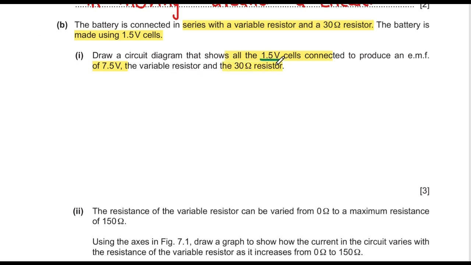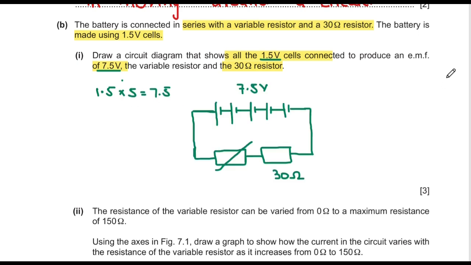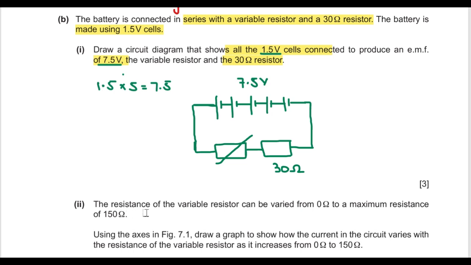So we have 1.5 volt cells and we need a voltage of 7.5 volt. How many cells can we combine to reach 7.5? 5 cells would be needed. So the circuit would look like this: a 30 ohm resistor and a variable resistor connected in series to it. The second part says the resistance of the variable resistor can be varied from 0 ohm to a maximum value of 150 ohm. So this resistor can vary between 0 and 150 ohm.